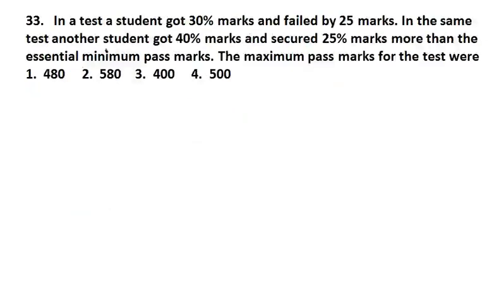Question number 33. In a test, a student got 30% marks and failed by 25 marks. In the same test, another student got 40% marks and secured 25% marks more than the essential minimum pass percentage. So the maximum pass mark for the test was.